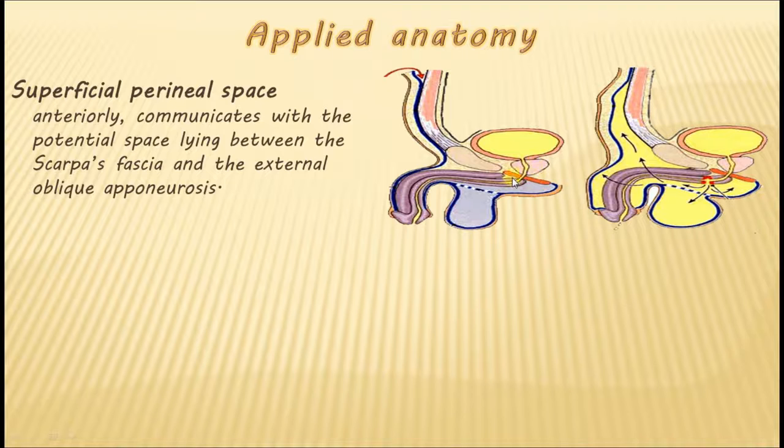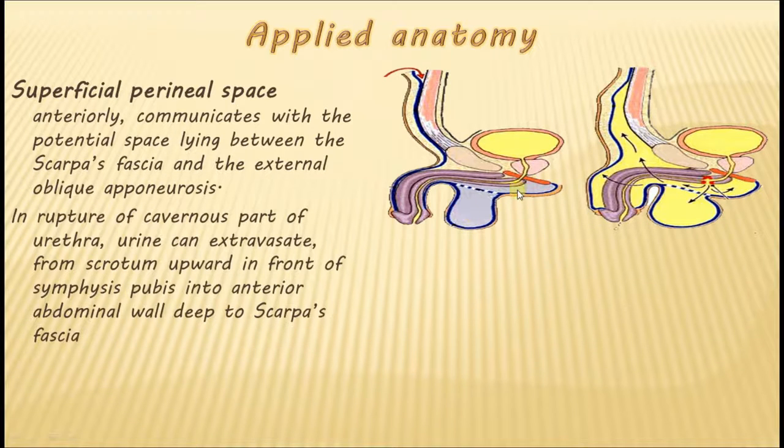So in case the spongy or penile part of the urethra is ruptured due to any trauma to the perineum, mainly called the straddle injury, cavernous part of the urethra, then urine gets collected in the superficial perineal pouch.